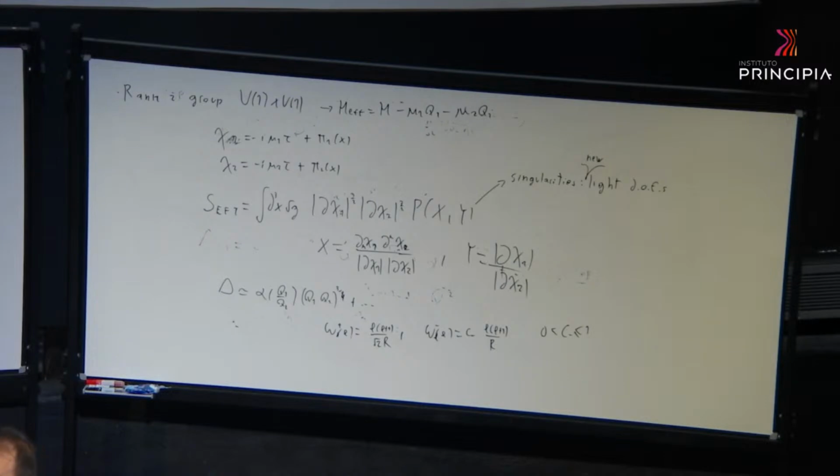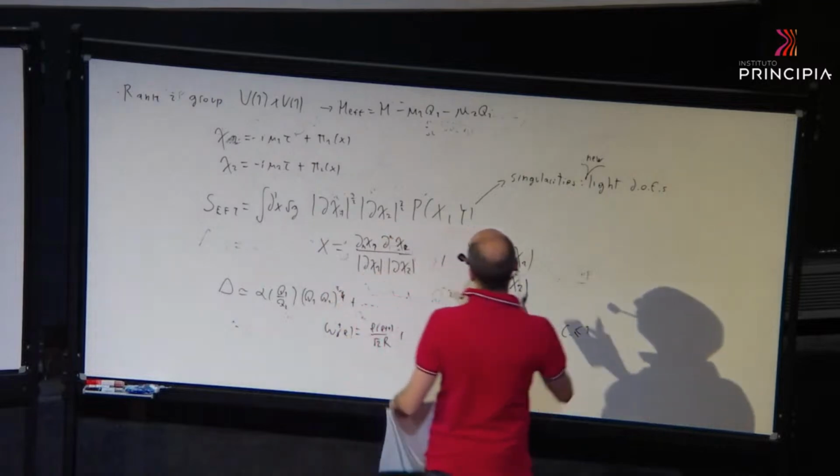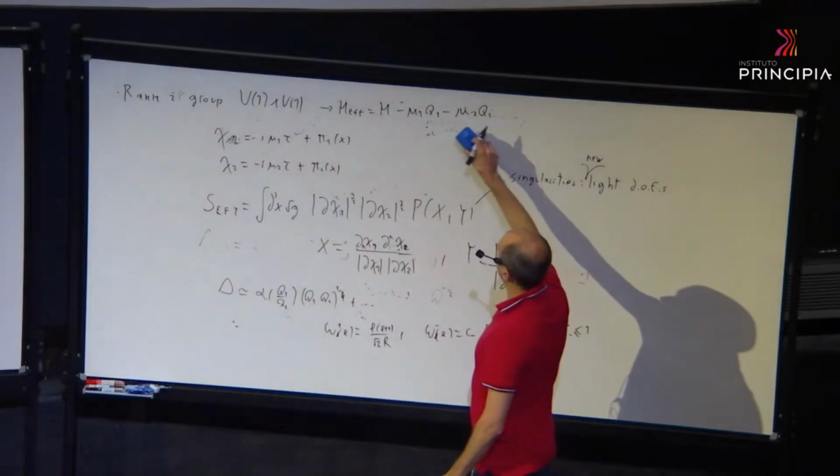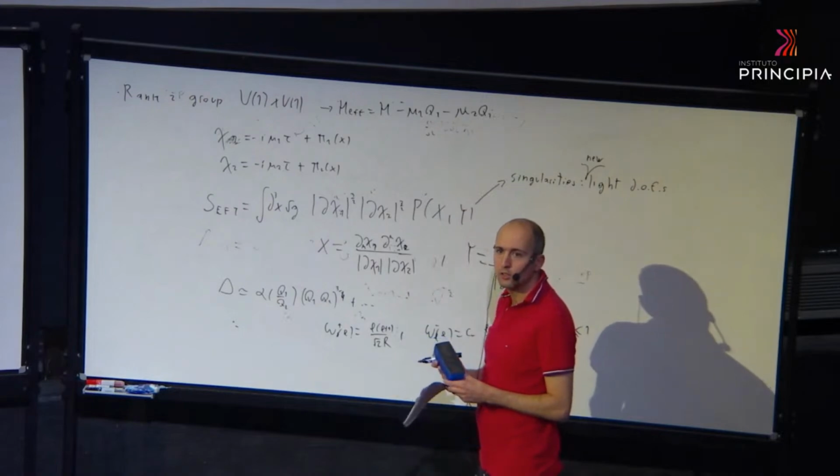Question about singularities in the EFT. Let me see. So he's asking how to think of these singularities, if you should think of them as singularities in the ratio of the charges or something.